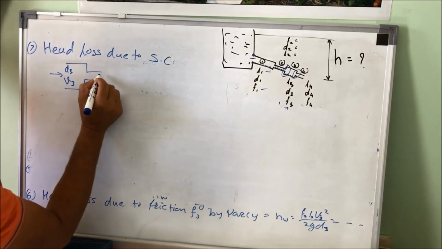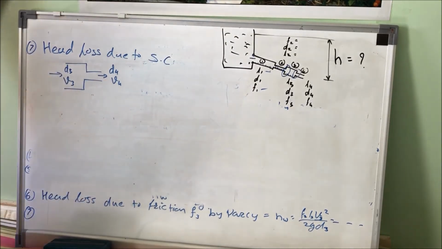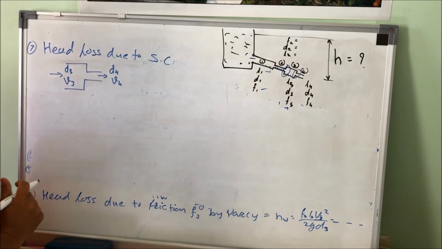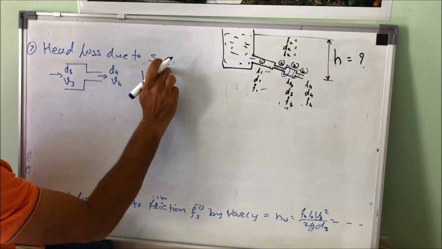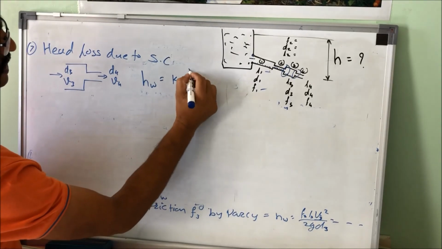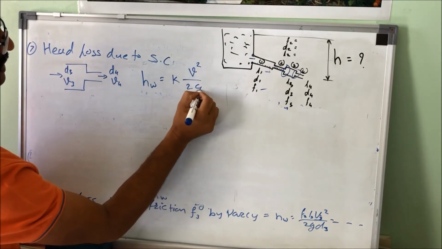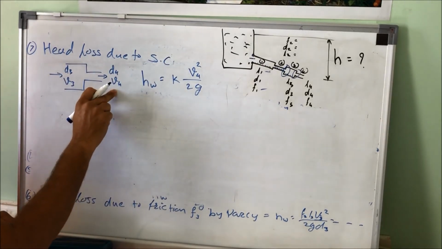Direction is very important. Outlet is D4, V4. Now what is the formula? Head loss is equal to K, the sudden contraction outlet K factor, into outlet velocity V square over 2G. So here we need to take outlet velocity V4.